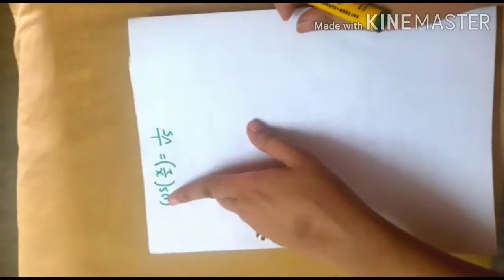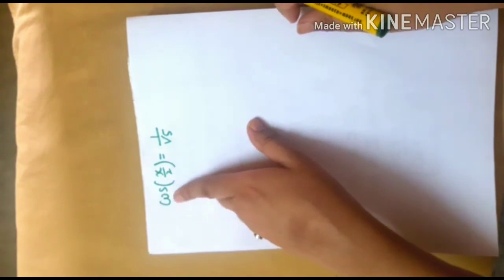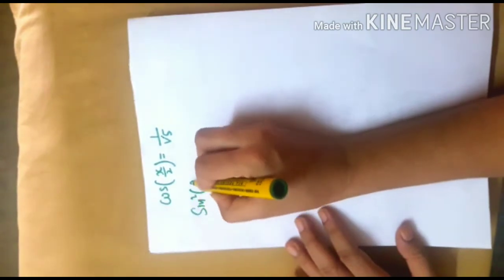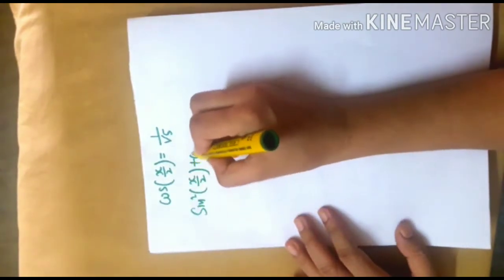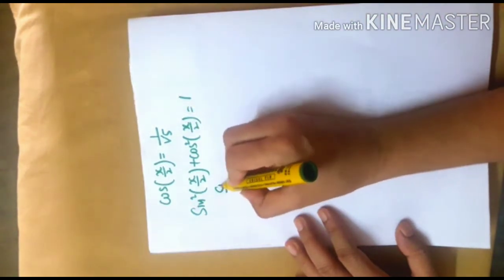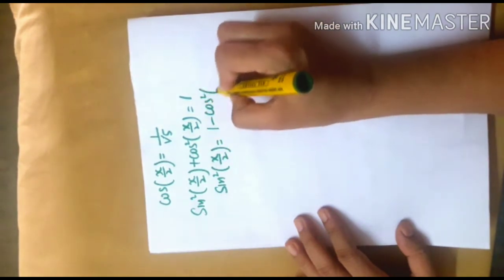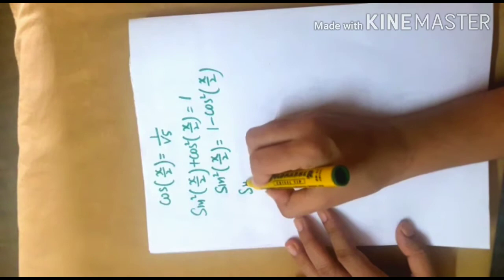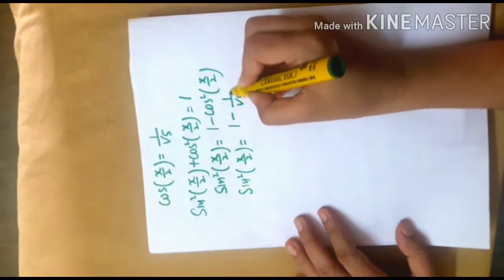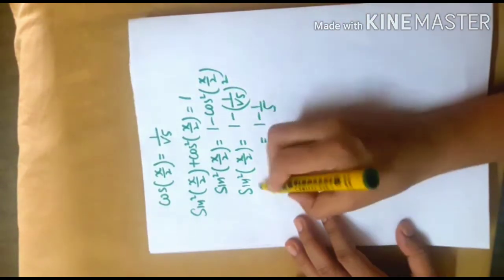When one trigonometric function for an angle is known, can you find the other trigonometric functions? Yes. So sine square x by 2 plus cos square x by 2 will be 1. So sine square x by 2 is 1 minus cos square x by 2. That will give you sine square x by 2 is 1 minus 1 over root 5 squared, which is 1 minus 1 by 5.